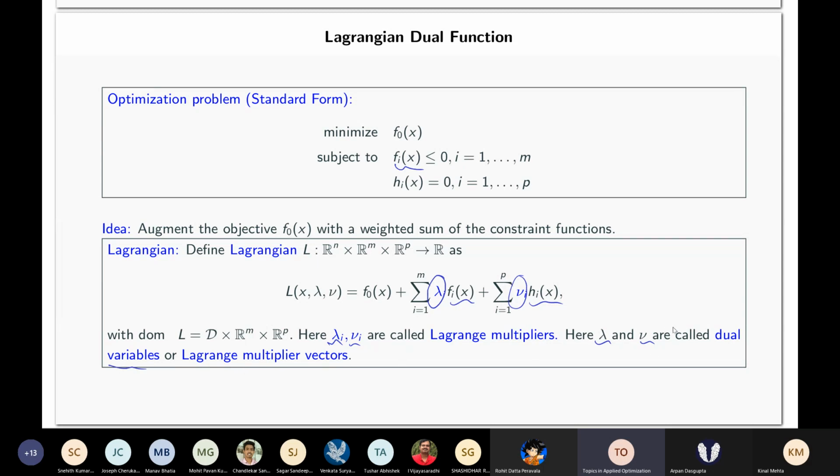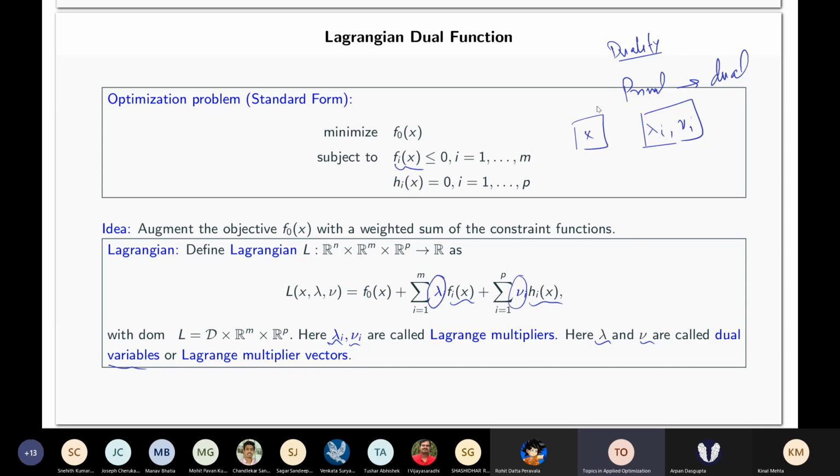The reason why they are called dual variables, remember I started with duality, and I said that I can go from primal to dual. By introducing this Lagrangian, some new variables came into the picture, and these new variables are lambda_i and nu_i. So far this was the variable, and this is additionally there.